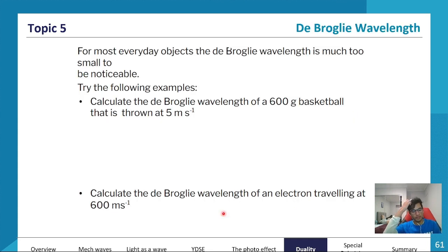And you can calculate the wavelength of everyday objects. So we can calculate the wavelength of a basketball thrown at this speed.